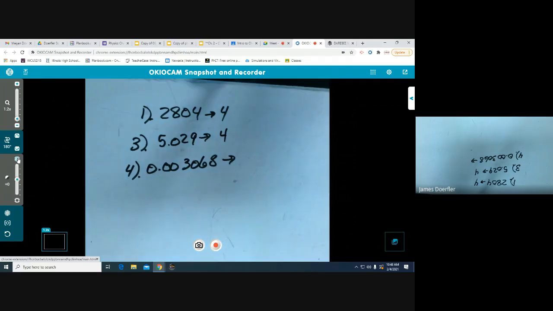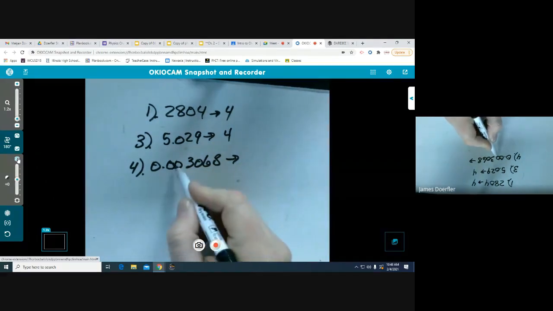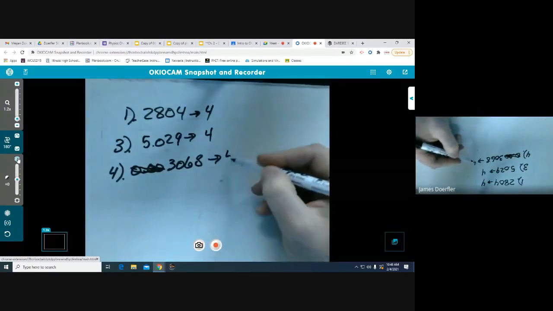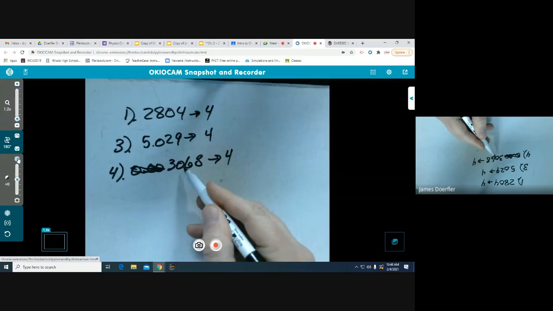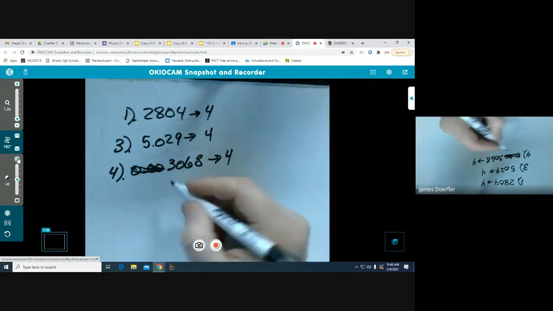There's nothing sandwiching those zeros in, and they're not final zeros. Okay, so they're just placeholders, right? Yeah. But we still go with 4 because that 0 is sandwiched. Very good.